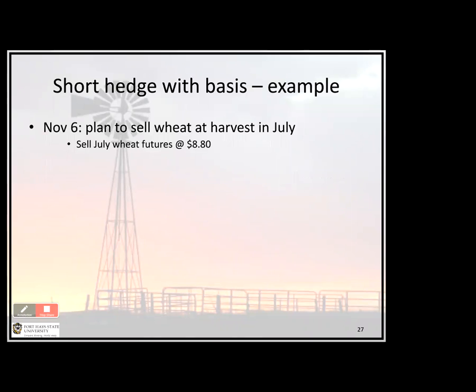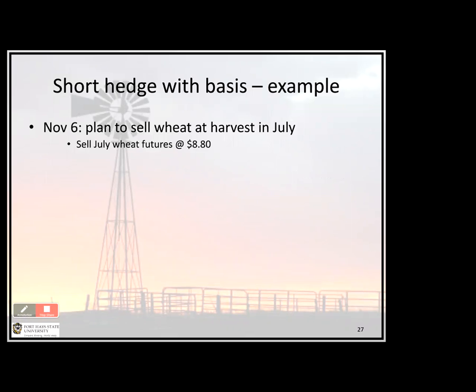Okay, let's go through an example now. We spent a lot of time talking about basis theory, the principles behind it, and that it's somewhat predictable. Now let's throw basis into a problem. It's November 6th. This is the same problem we went through, except with slightly different numbers. We plan to sell wheat at harvest in July.